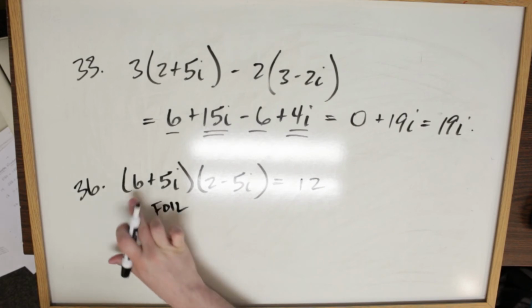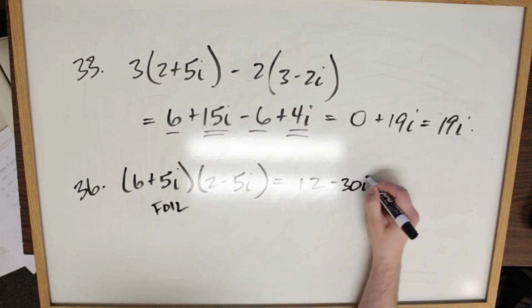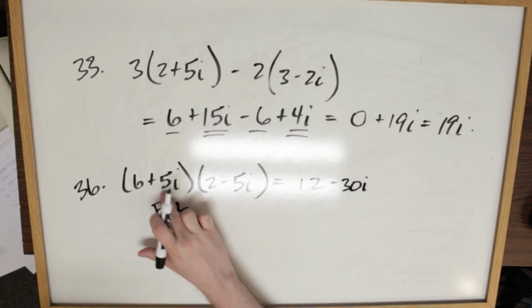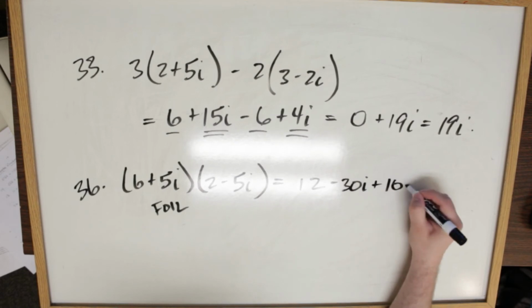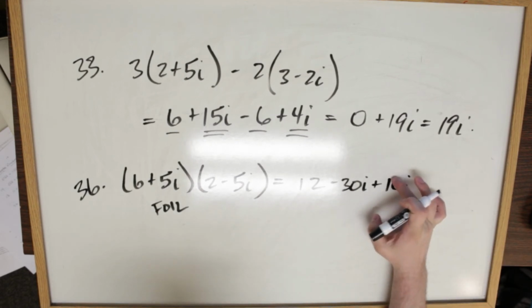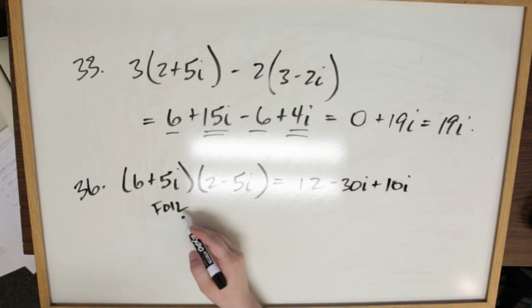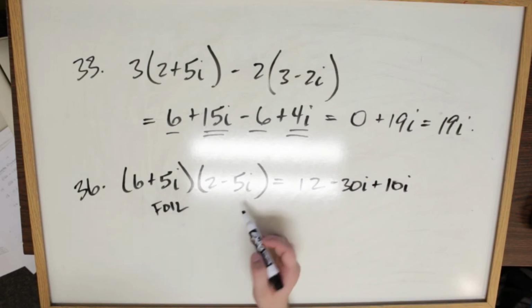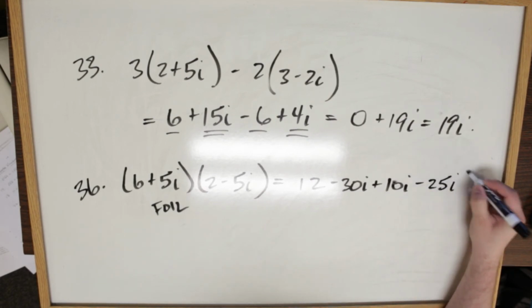The outside, 6 times minus 5 is going to be a minus 30i. The inside, 5i times 2 is going to be plus 10i. That's a 10, by the way. Sorry. Last, plus 5i times minus 5i is going to be a minus 25i squared.